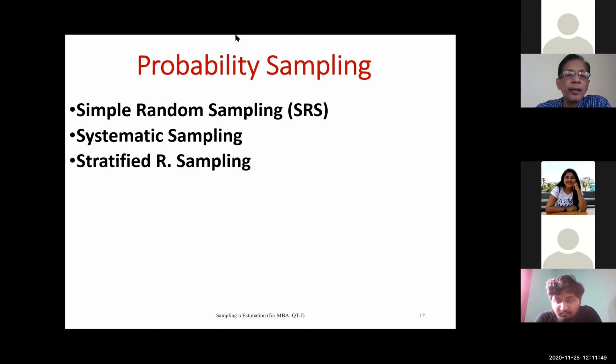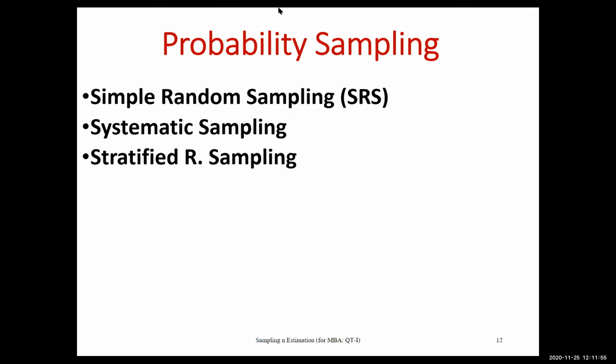There could be a question, why and when we should go for stratified random sampling. I think I have explained this. Next would be cluster sampling. If units are found in high concentration in some areas, in clusters, we can go for cluster sampling, but not equally divided sampling or stratified sampling.